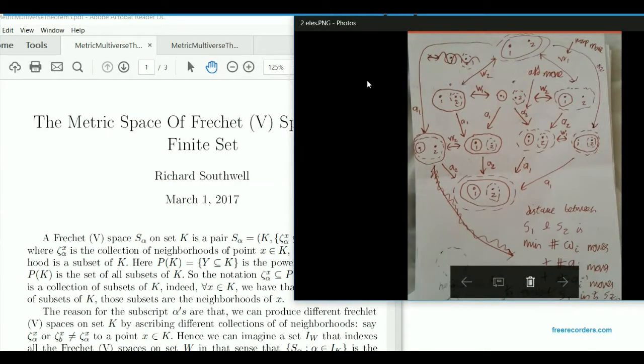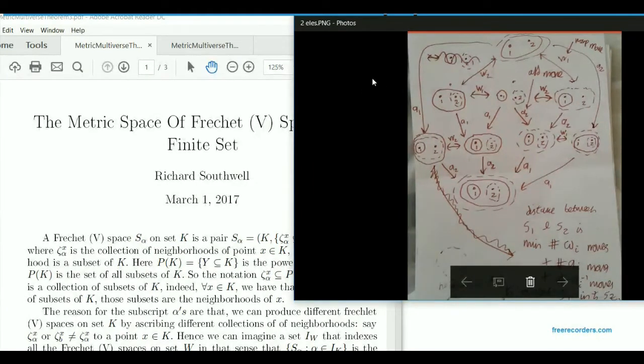On the other hand, there's a dotted circle around point 2. That dotted circle denotes a neighbourhood of point 2, and that neighbourhood of point 2 just contains point 2.